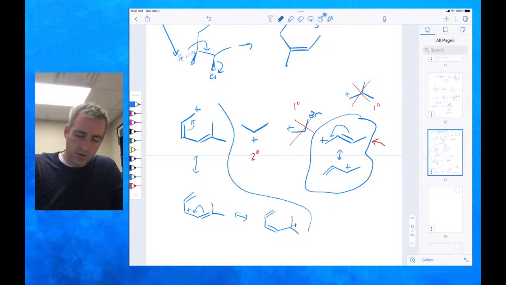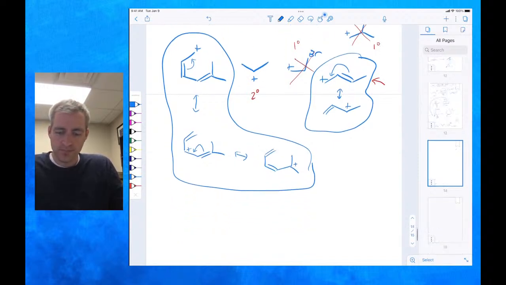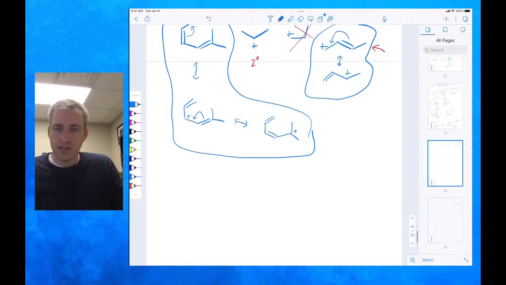So this one has three different resonance structures. Those double bonds adjacent to the carbocations make the carbocations far more stable. This is a big part actually of Organic 2 when you get into that course, making carbocations much more stable through resonance. Basically, the more resonance structures, the more atoms the charge is spread over, the more stable it's going to be.